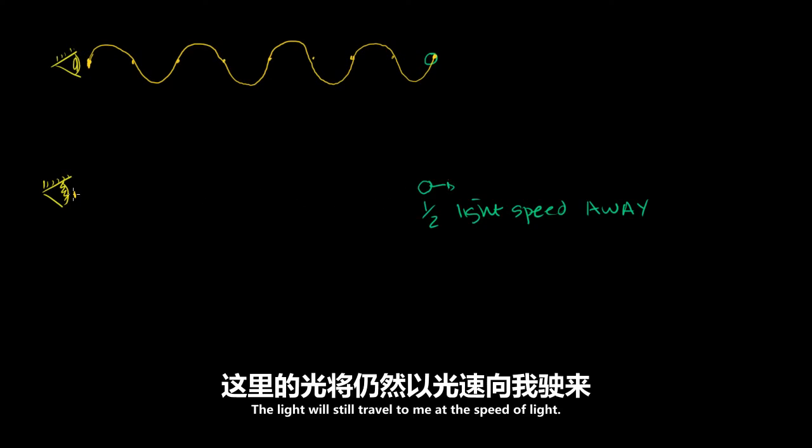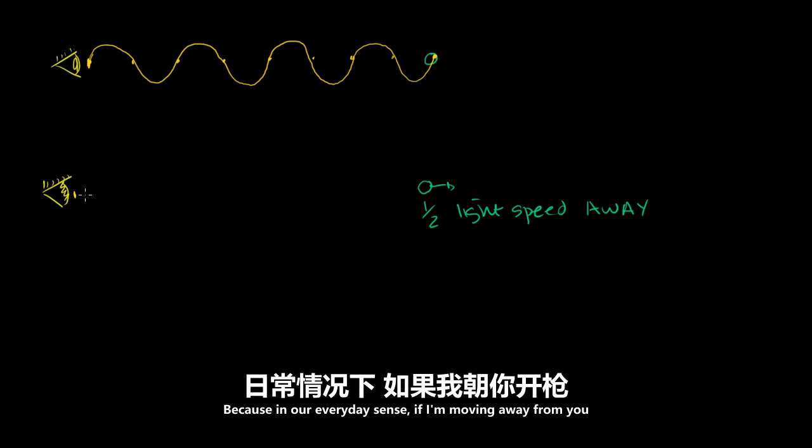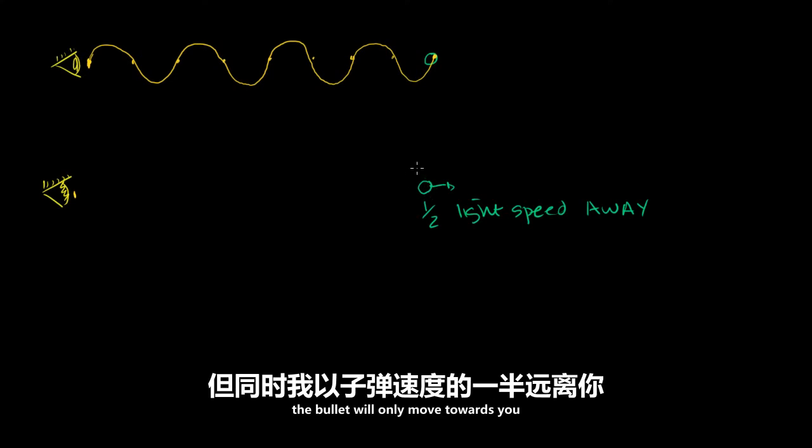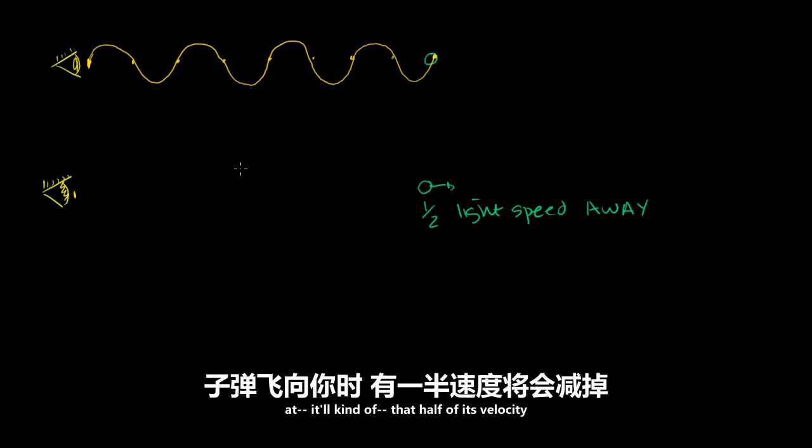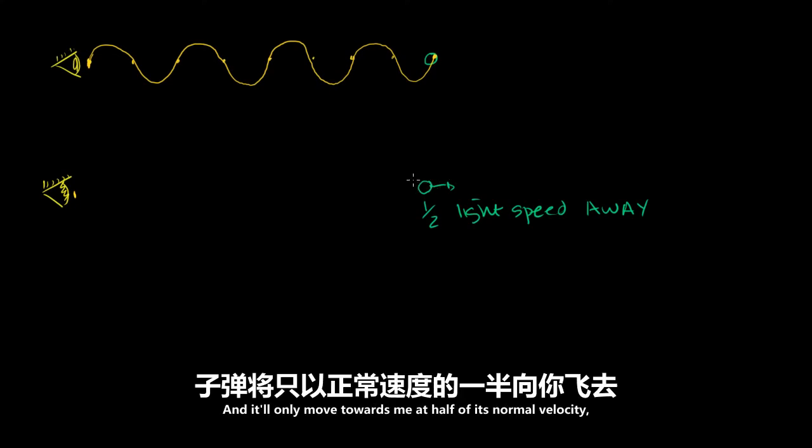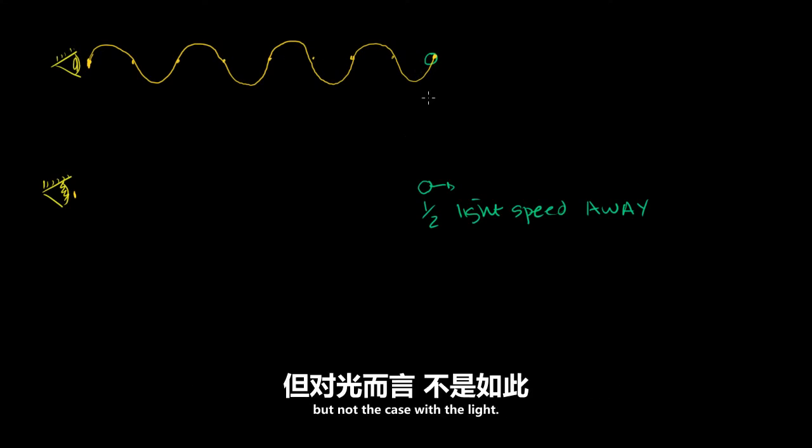The light will still travel to me at the speed of light. And it's very unintuitive, because in our everyday sense, if I'm moving away from you at half the speed of a bullet and I shoot a bullet, that half of its velocity will be subtracted, and it'll only move towards you at half of its normal velocity relative to whether it was stationary. But not the case with light.